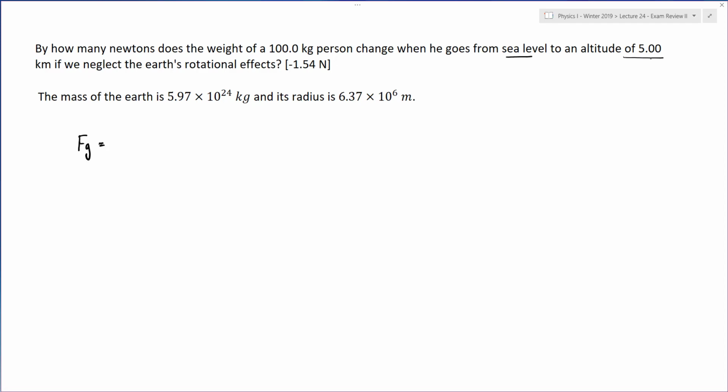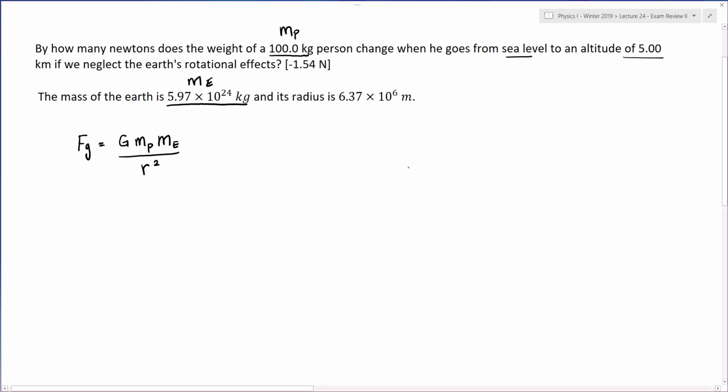So we're going to use the longer formula, which is force of gravity equals G, the gravitational constant, it's always the same value, times the mass of the person, times the mass of the Earth, which is given to us on the formula sheet, divided by the distance squared. Now this r is the distance between the centers of each of the objects.